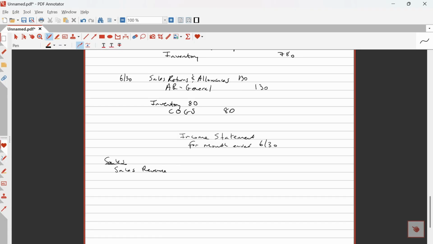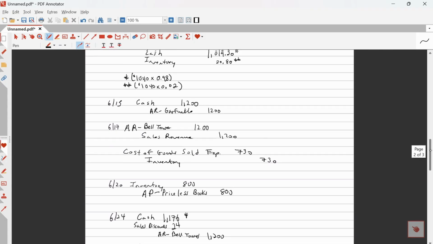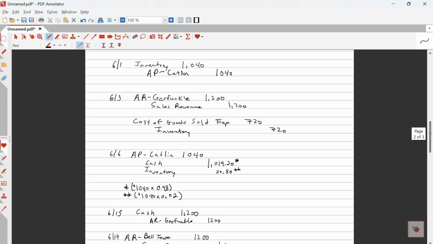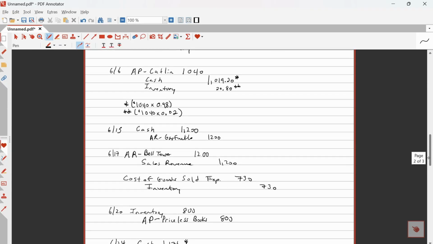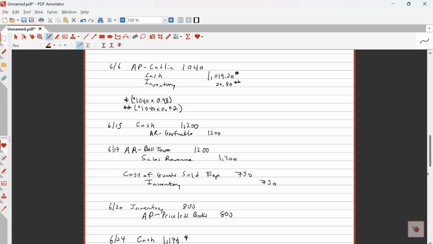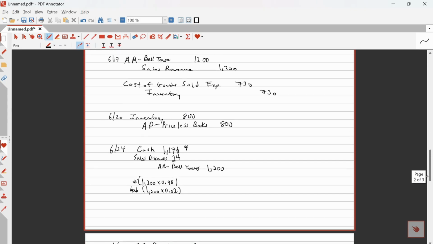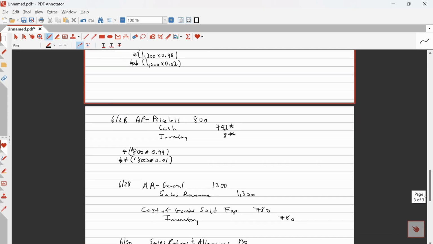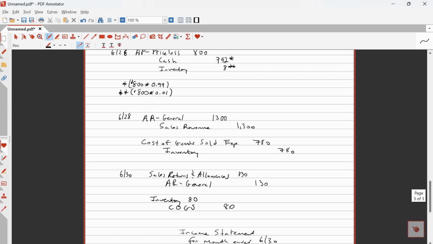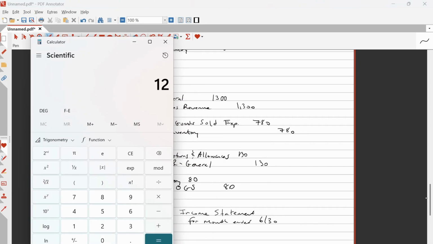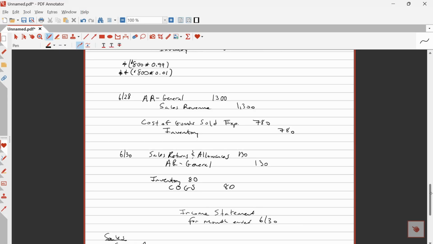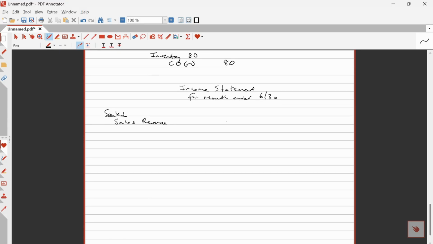What's the total sales revenue? If we were to make a T account for sales revenue and put all the stuff into it, there's sales revenue of $1,200. Here's sales revenue $1,200. Here's sales revenue of $1,300. So 1,200 plus 1,200 plus 1,300, 3,700 is our sales revenue for the month of June.